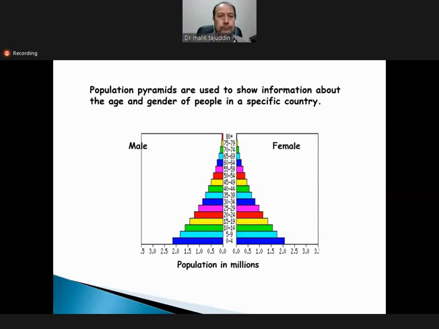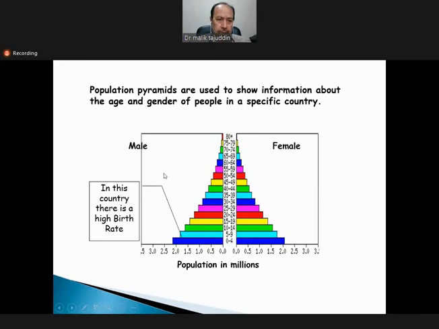So now you see, population pyramids are used to show information about the age and gender of the people in a specific country. Then you can see in this country, there is a high birth rate. As you can see, there are more people in the lower area, 0 to 4 and 5 to 10.